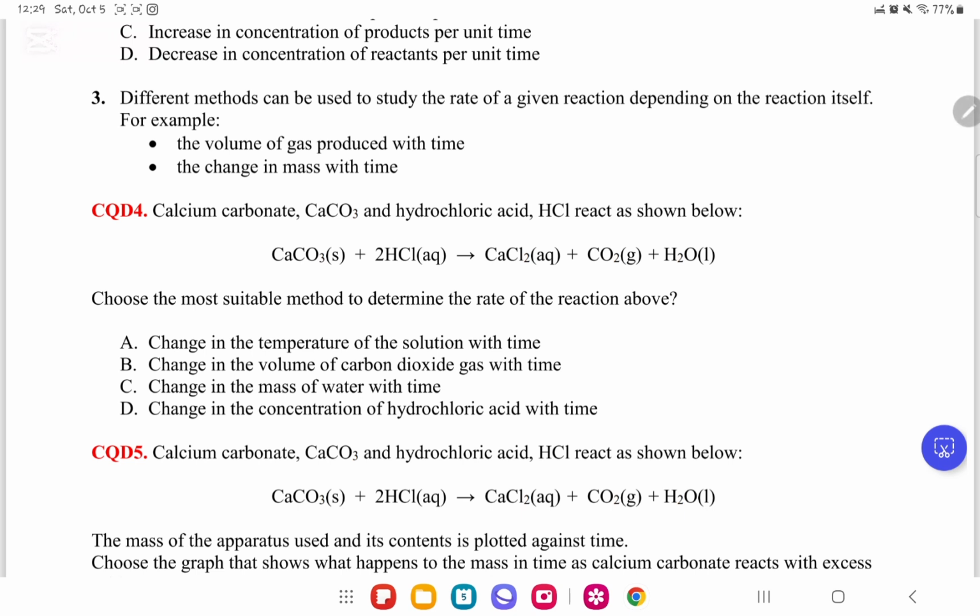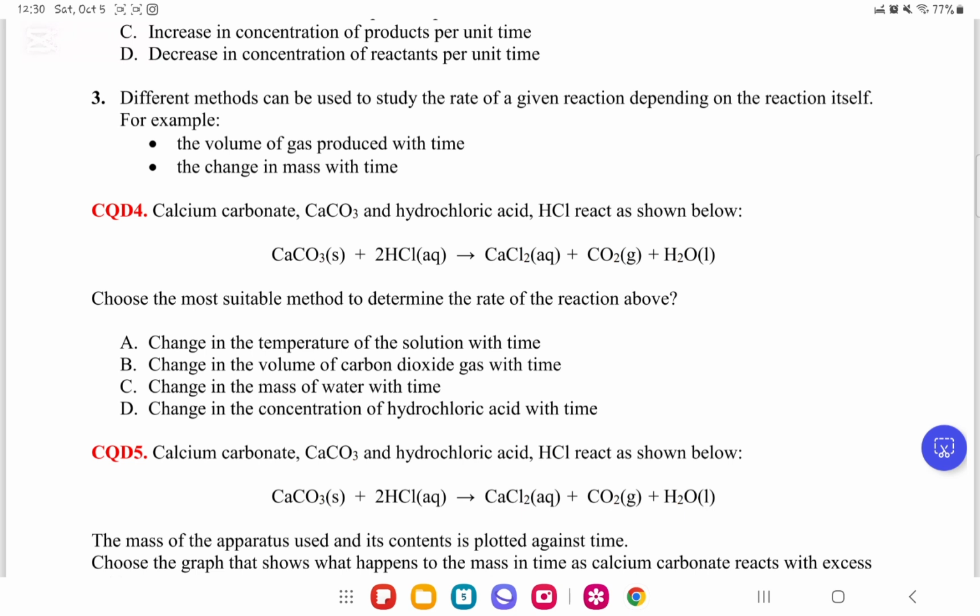We can either measure or calculate it, or we can study and determine it. To measure or calculate it, it is the quantity of products produced per unit time or the quantity of reactants consumed per unit time. And to determine or study it, it is the volume of gas produced with time or the change in mass with time.